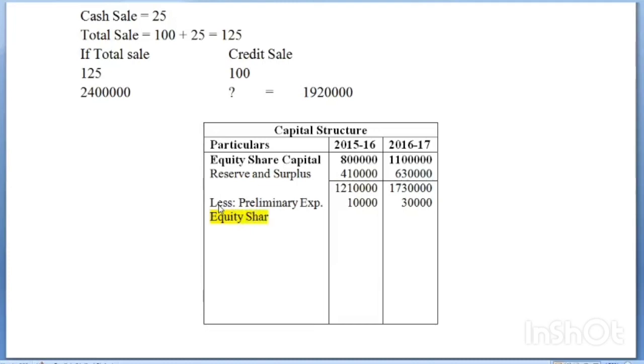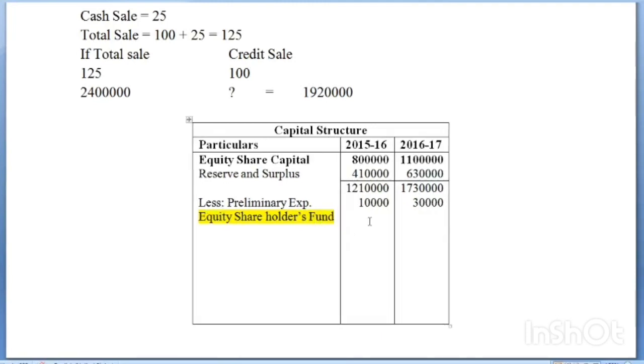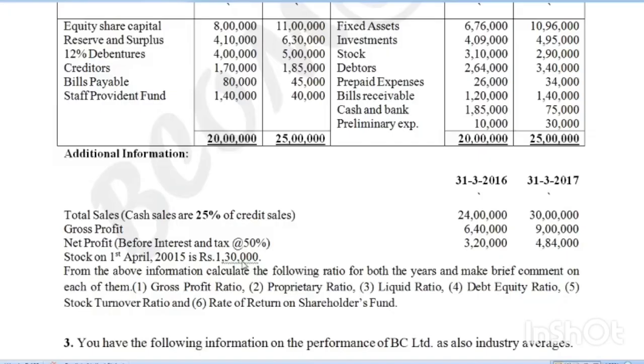Equity shareholders fund is 12 lakh and 17 lakh. After equity shareholders fund, add preference share capital if you have. Is the preference share capital given?